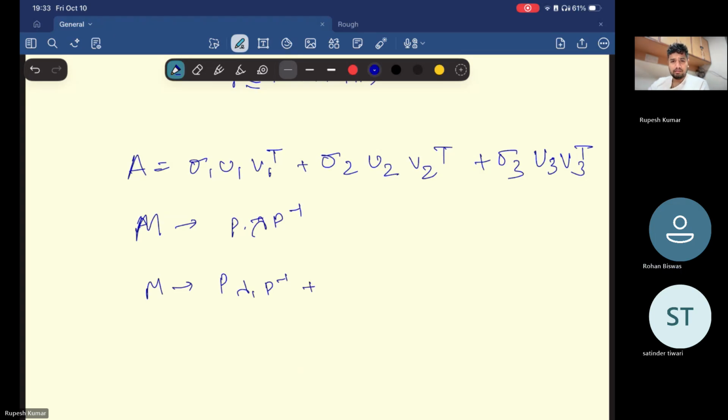I haven't seen this example for general matrices, but this is something that we use very well: you can always write a diagonalizable matrix as a sum of rank 1 matrices.